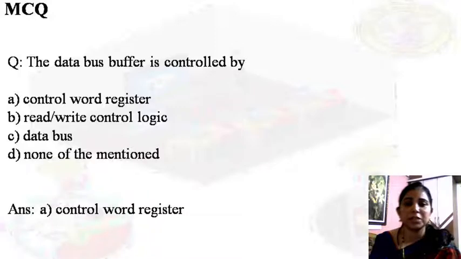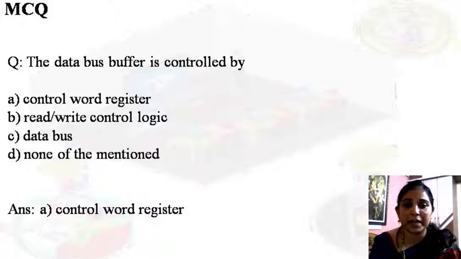Next question, the data bus buffer is controlled by: A, control word register, B, read or write control logic, C, data bus, D, none of the above. The right answer is option A, control word register.